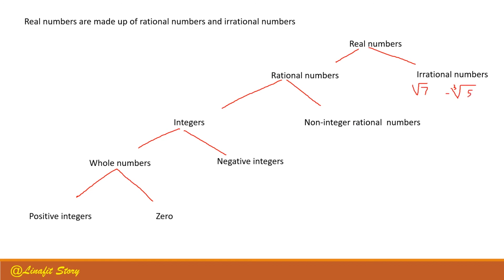The examples of non-integer rational numbers are 1 out of 3 and negative 5, 1 out of 8. The examples of negative integers are negative 4 and negative 7. The examples of positive integers are 2 and 8.